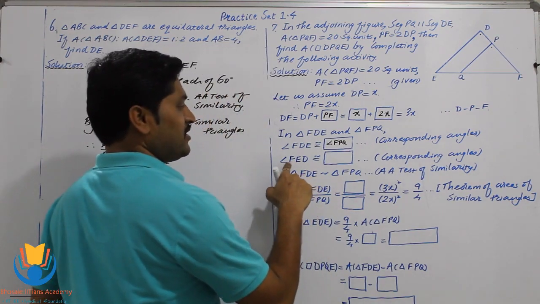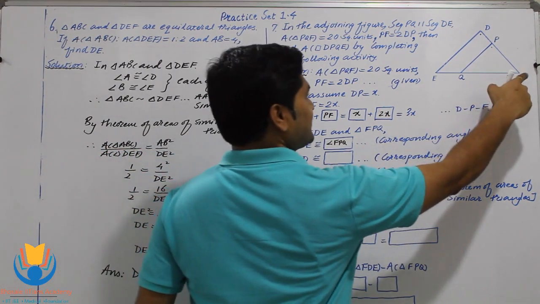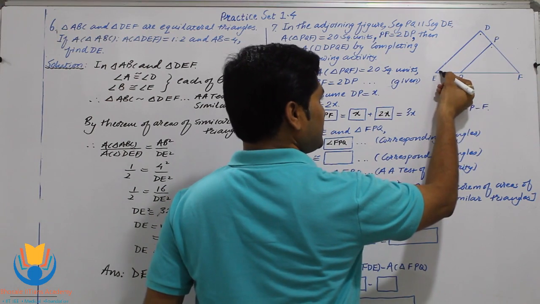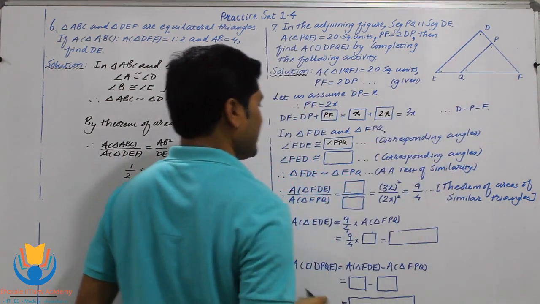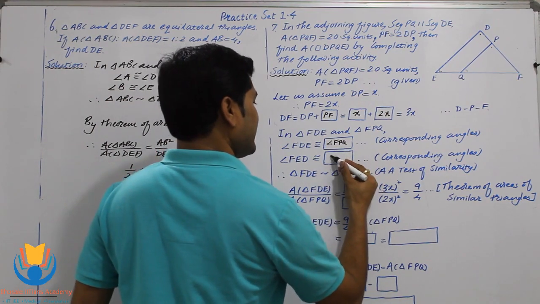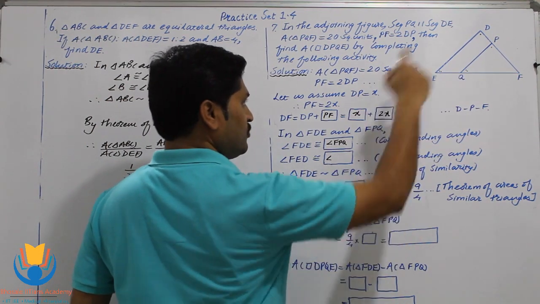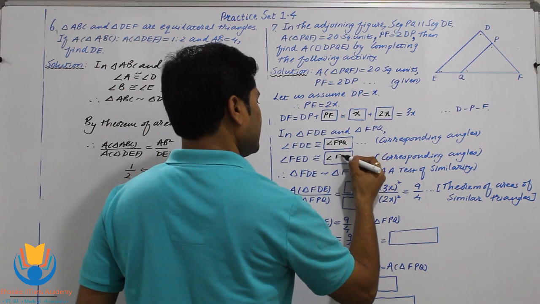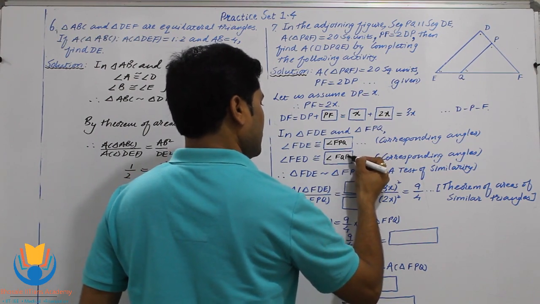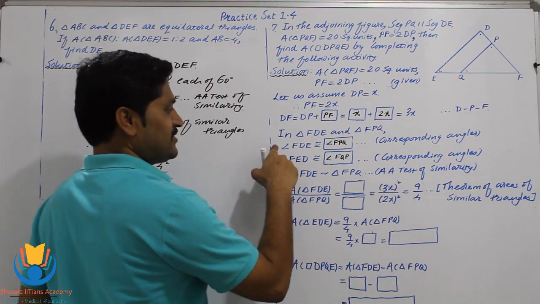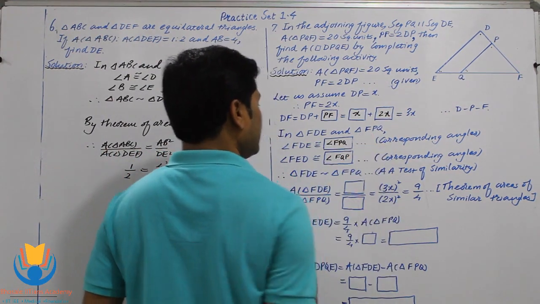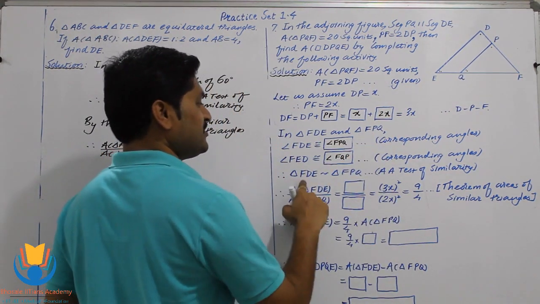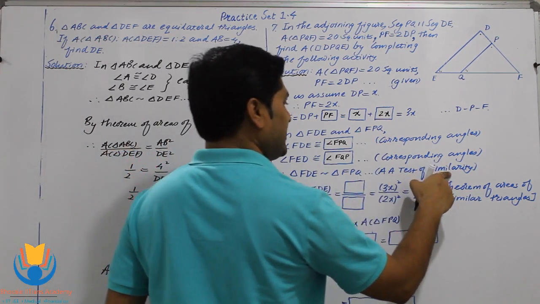Again the second pair of angles, FED, is congruent with this angle, and these are again corresponding angles. Let's write that angle as FQP. As two angles of this triangle are congruent with two corresponding angles of this triangle, those two triangles are similar by the test of similarity.